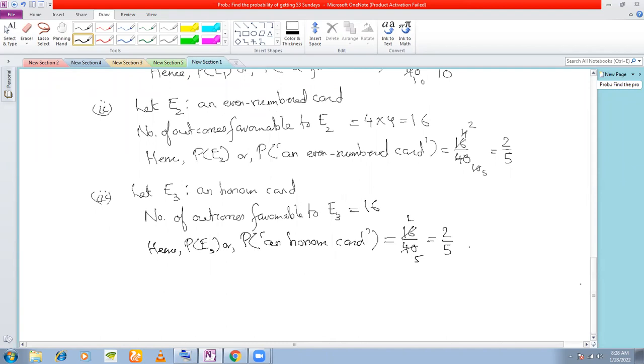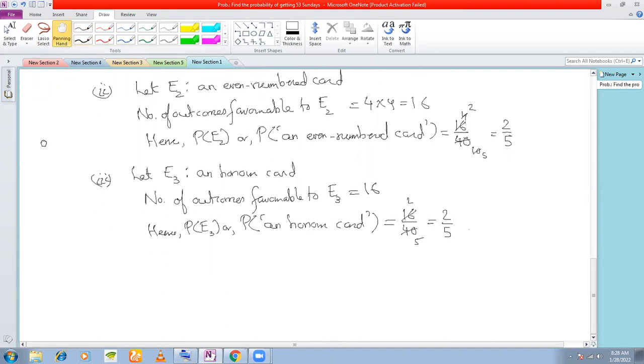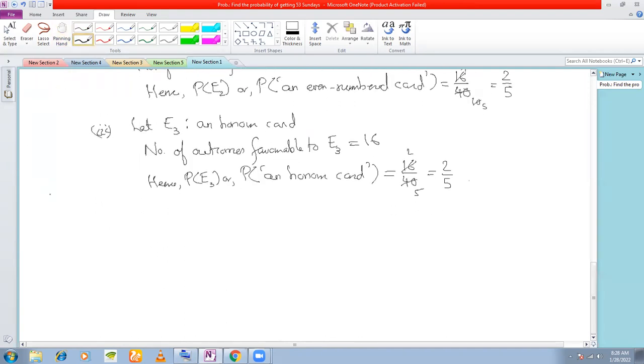One more definition, the last definition. I told you the definition of an impossible event, right? What is an impossible event?